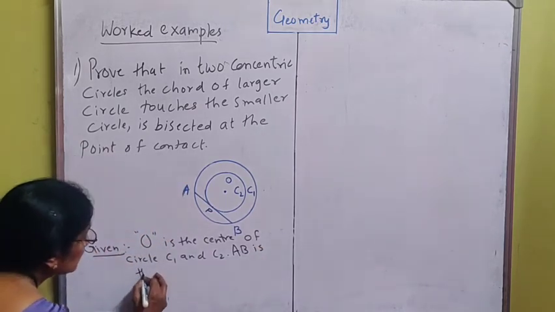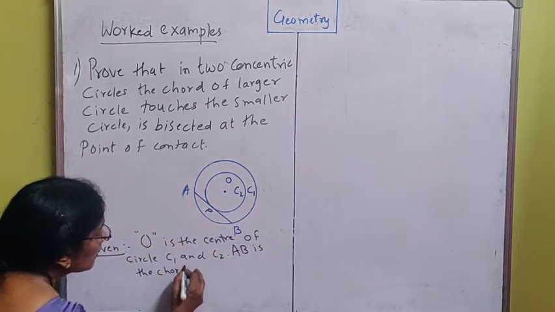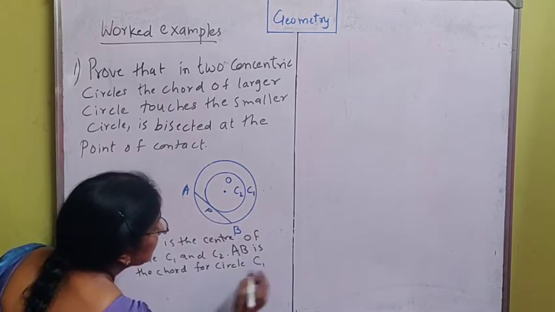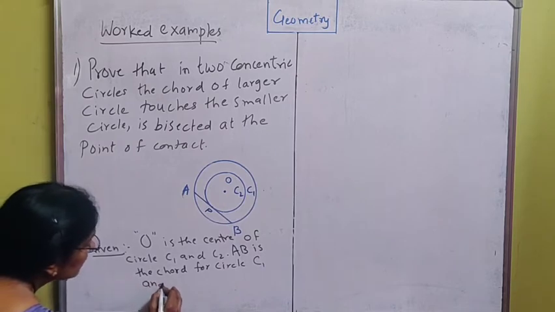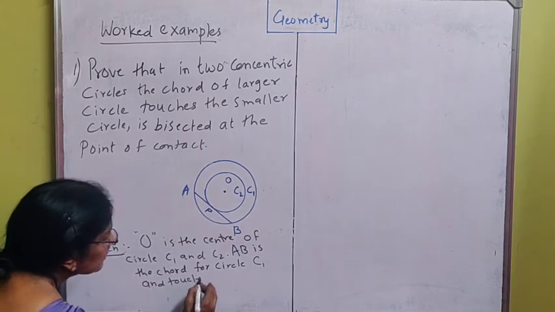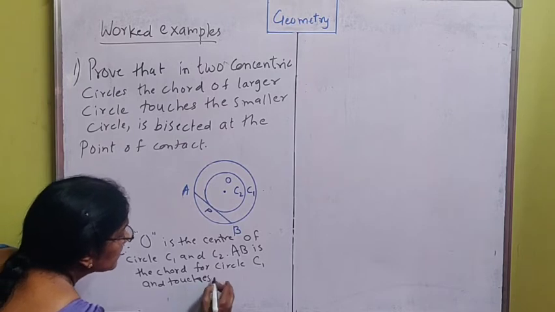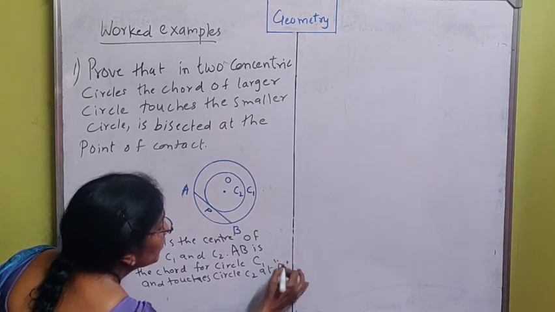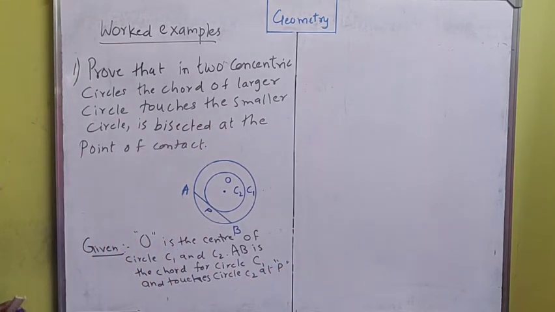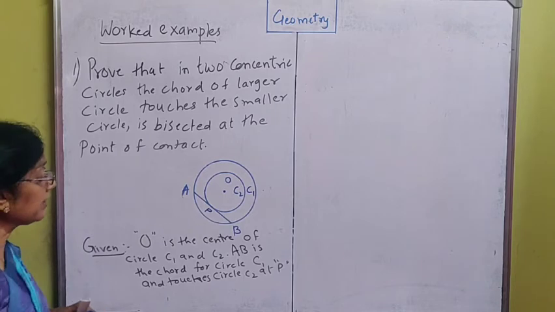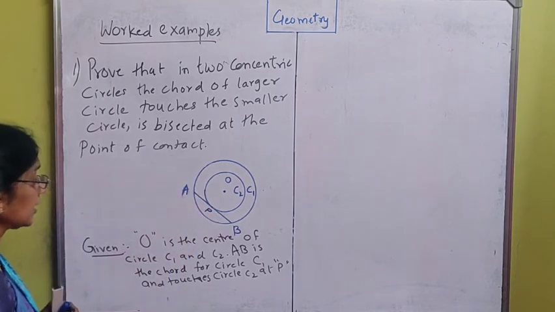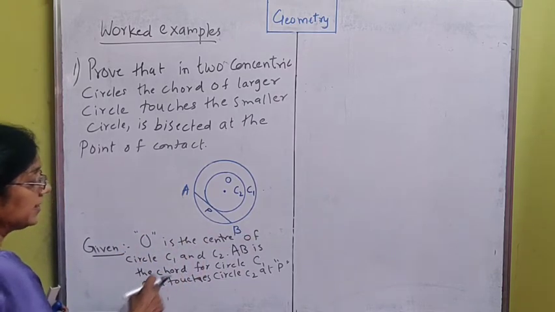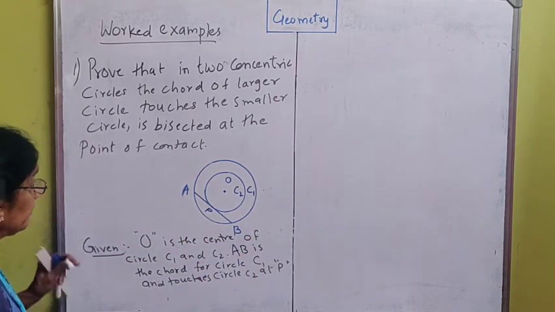AB is the chord for circle C1 and touches circle C2 at P. That is only what is given to us. Okay, so we came to know. So what is the given? O is the center of circle C1 and C2. AB is the chord for circle C1 and touches circle C2 at P.